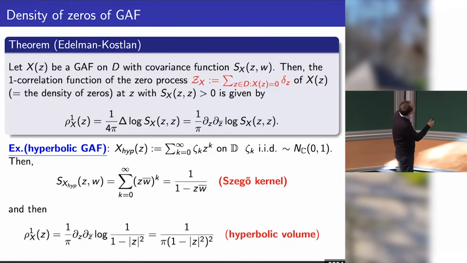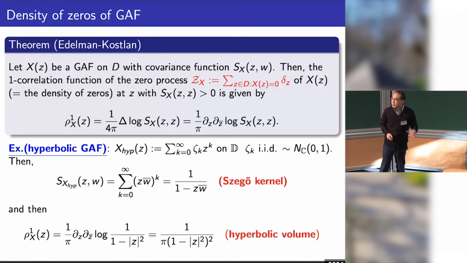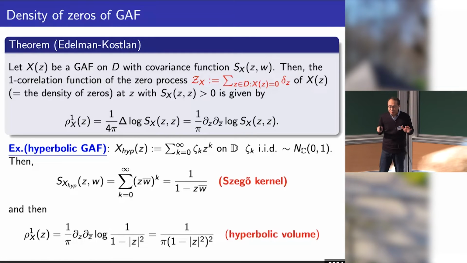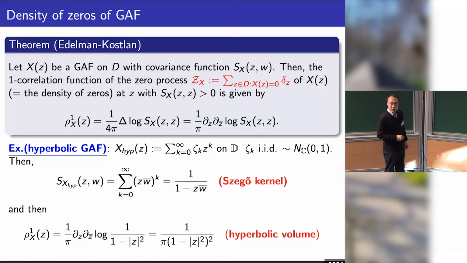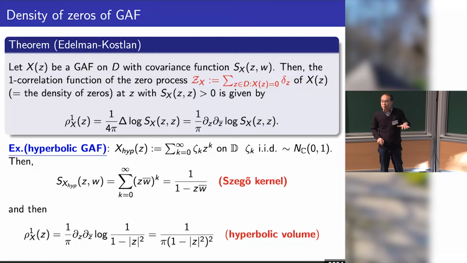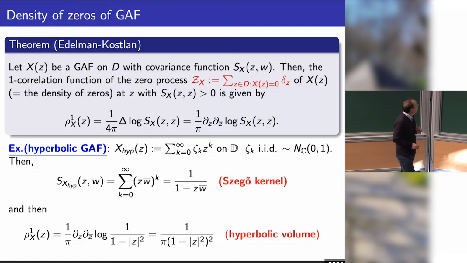And here K is the covariance kernel of our analytic function. You just take a logarithm and take the Laplacian, or a second derivative, of this log. Then you will get the intensity function. This is the density of zeros of our process.